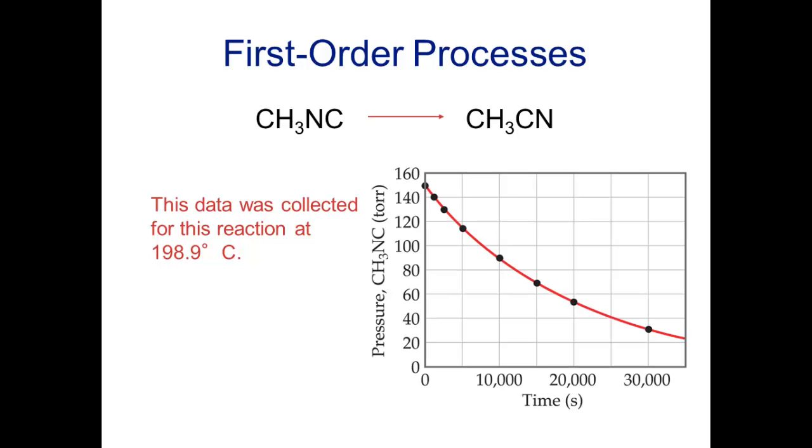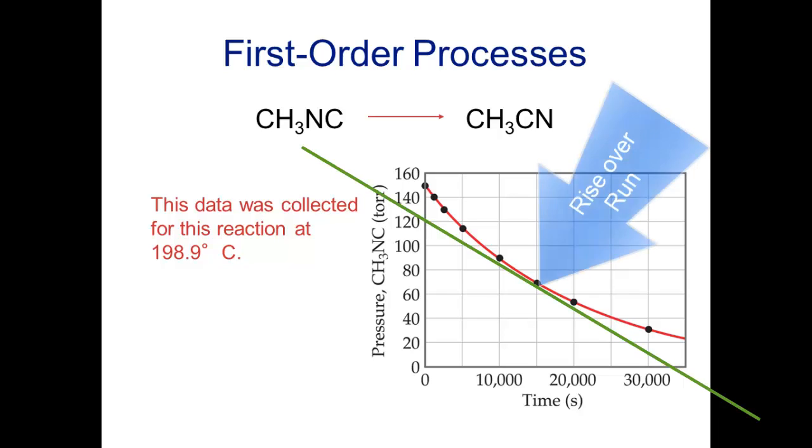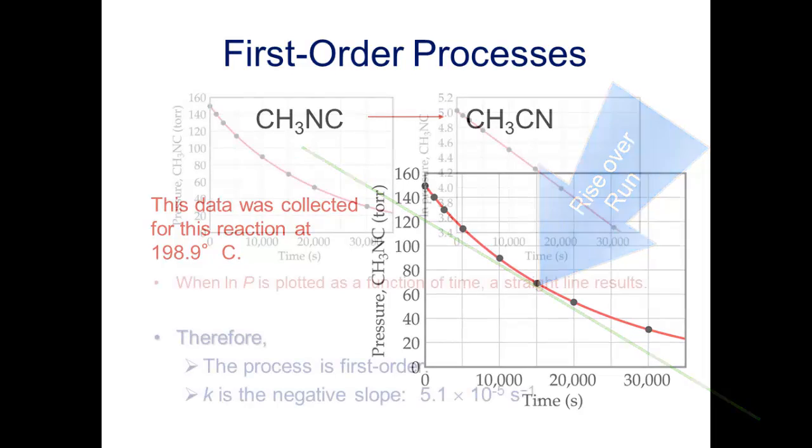Now, what we did with this last time is we were able to determine the instantaneous rates of any point within the reaction. If you recall, we did the tangent line for the particular time we're looking for. We did rise over run, and we were able to graphically determine the rate at that specific time.